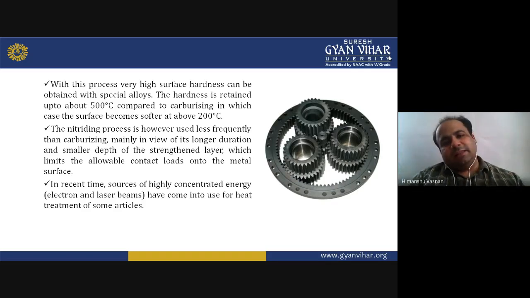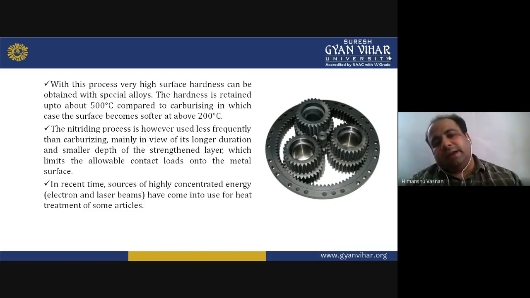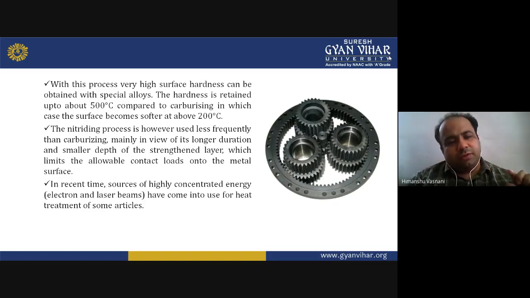Because around 0.7 mm of layer is formed in a particular amount of time. The nitriding process takes a long time, and in that long time only a very small depth, a small layer of a particular strength, is formed.